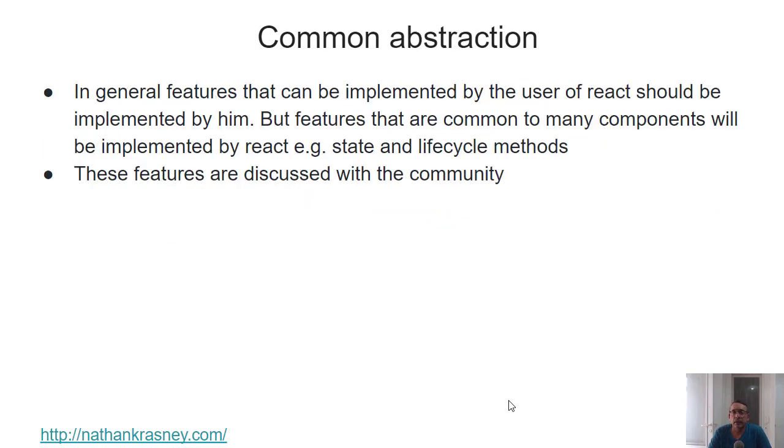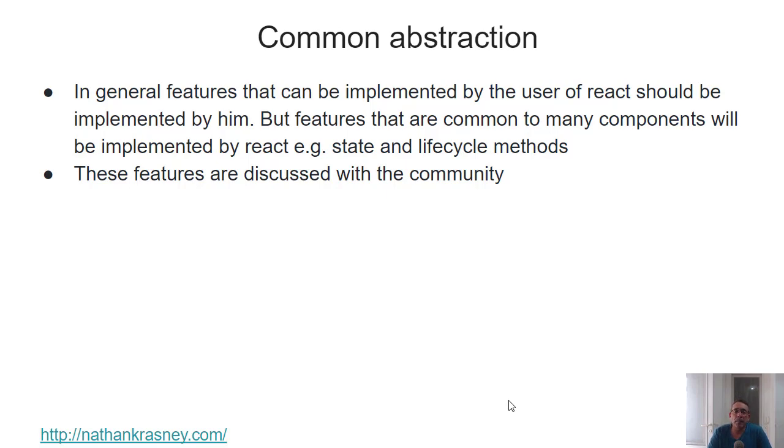The second design principle is common abstraction. Everything that can be implemented by the user should be implemented by the user, but there are features that are cross-component or happen in a lot of components. In this case, React might decide to implement the feature itself.